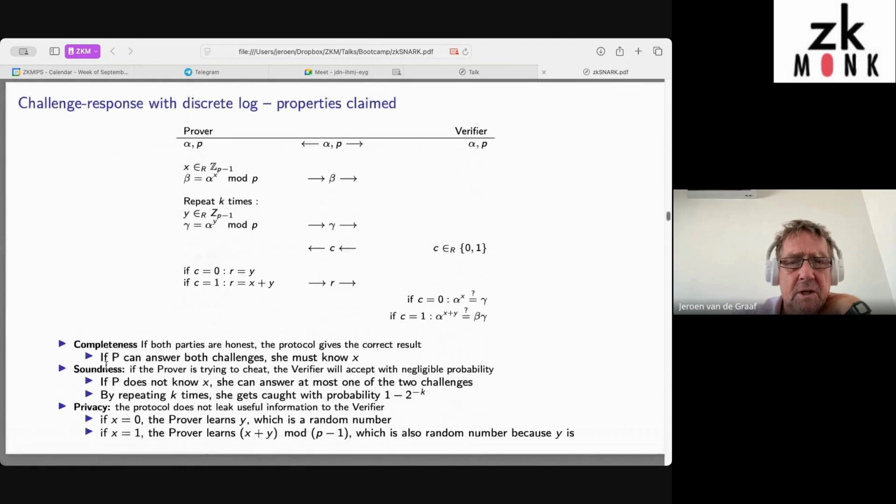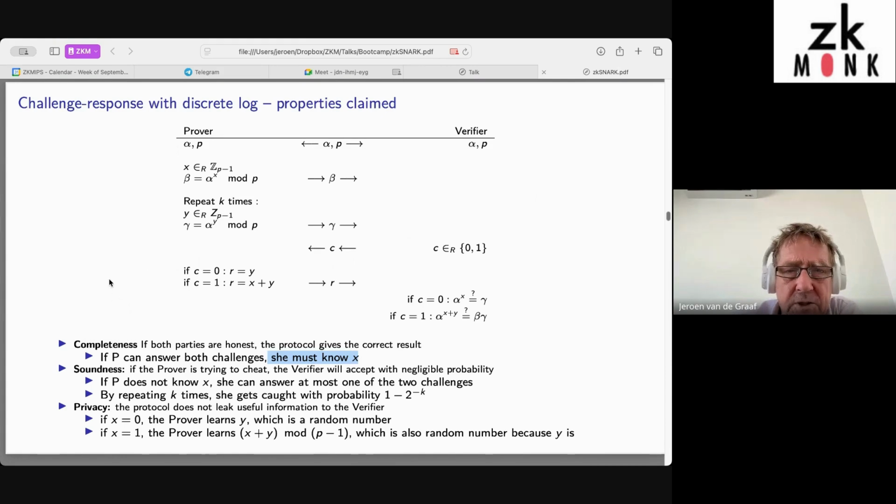So this is what I put here. This is the completeness property. If both parties are honest, the protocol gives the correct result. Well, I'm sorry, I'm running ahead. I have to be more precise, because completeness actually says something even stronger. You see, if the prover is honest, then it can follow the protocol, and it also means that the prover must know x.